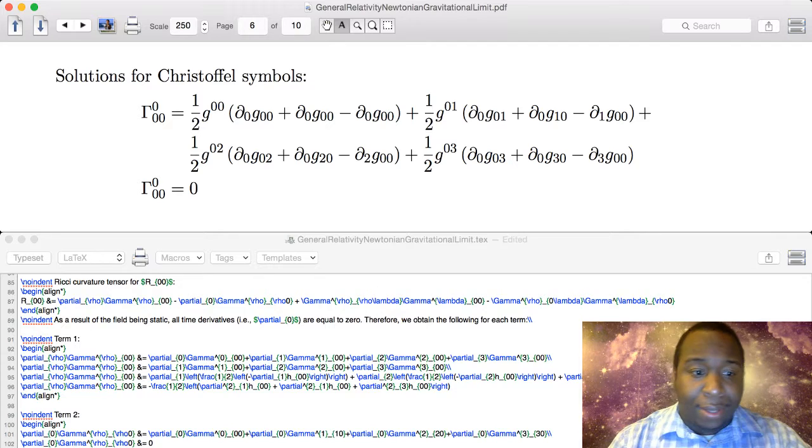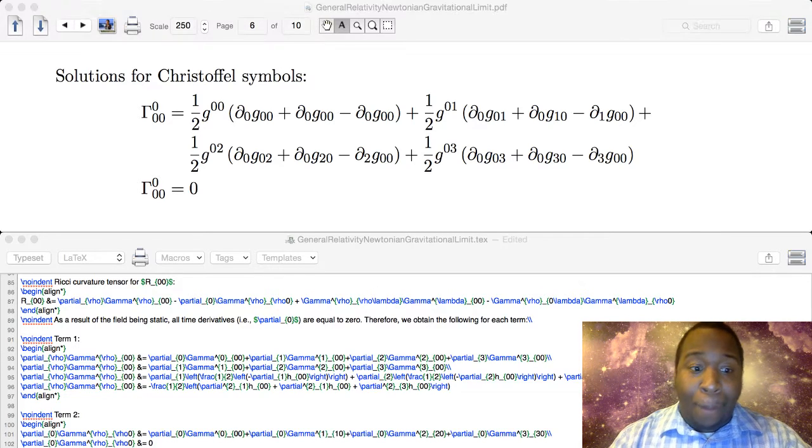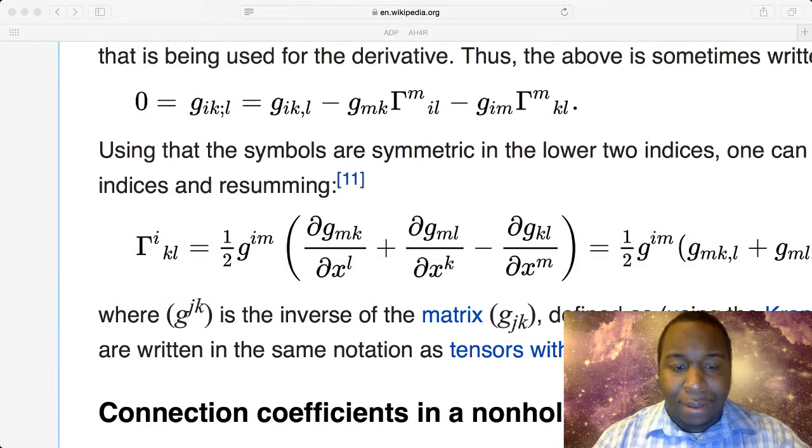In this case, we're using this exact definition. Given that on the right-hand side of this equation we have m as a repeating index that is not present on the left-hand side, we're summing over m.